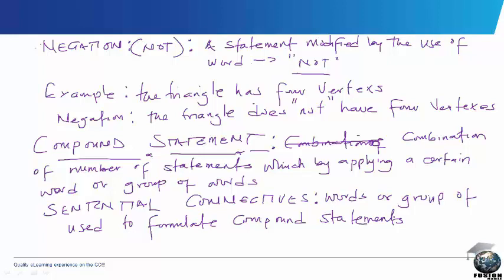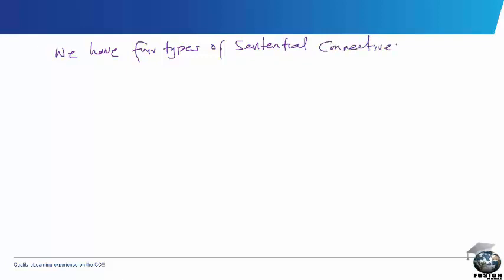There are four types of sentential connectives, and they include as follows.